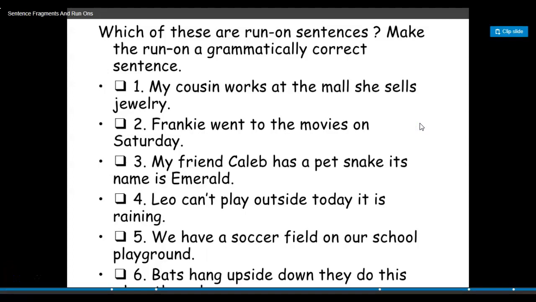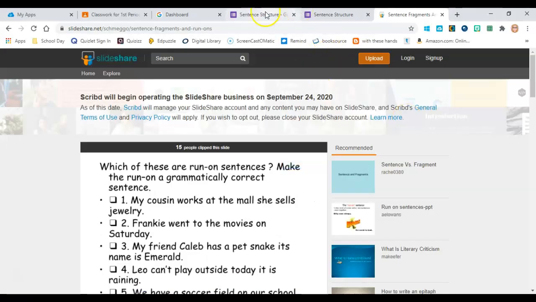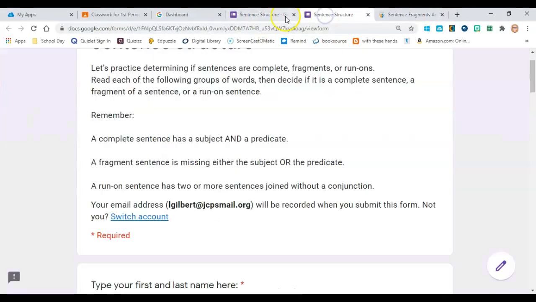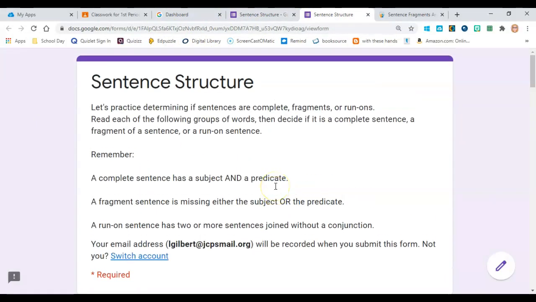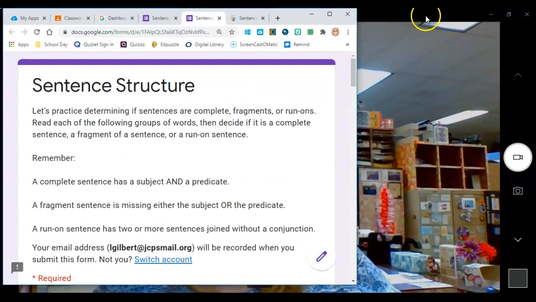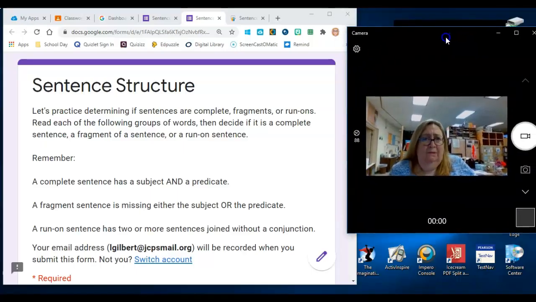All right, now that we have identified sentences and their structure, let's look at what you're going to be asked to do today. So it says, let's practice determining if sentences are complete, fragments, or run-ons. Here we go. So you need to remember a complete sentence has a subject and a predicate.